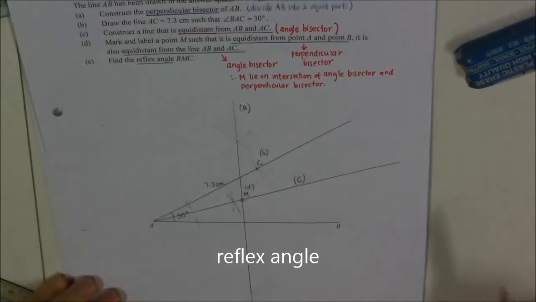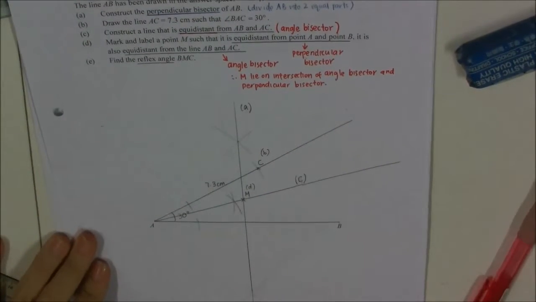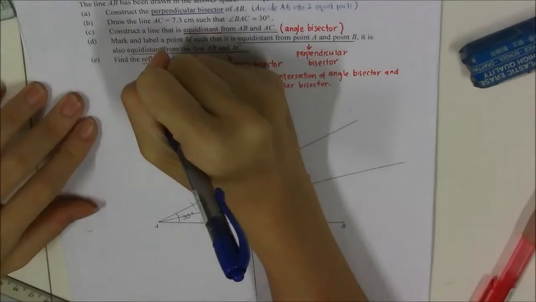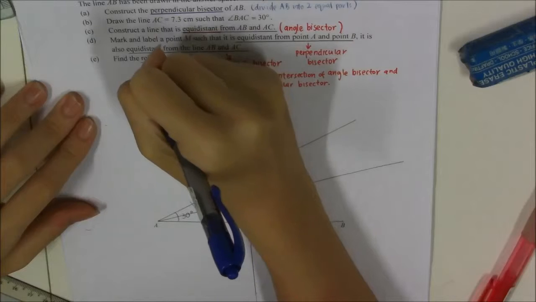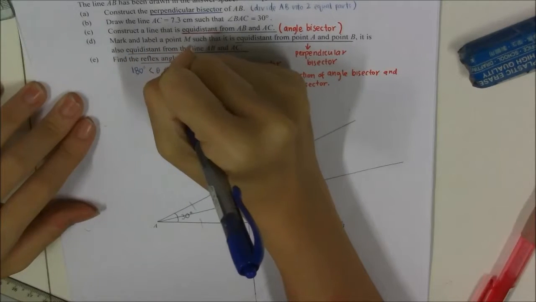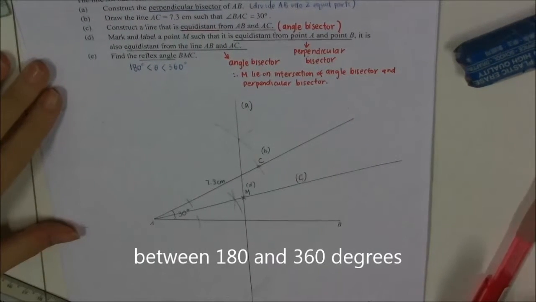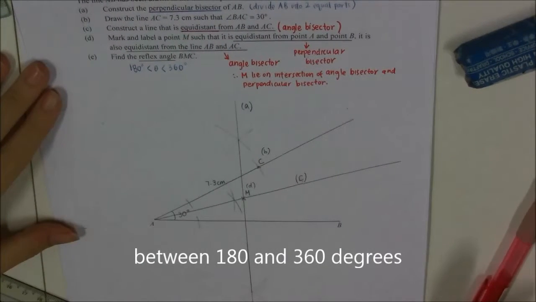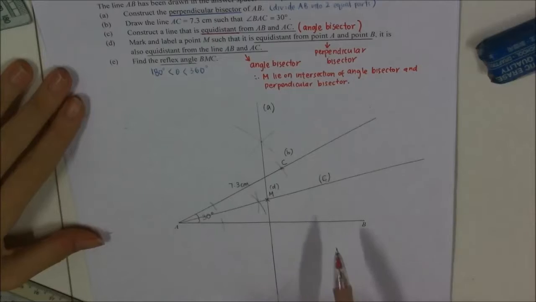Okay, so reflex angle, recall, is an angle between 180 to 360 degrees. So please write this down, reflex angle. In the event that you calculate your angle and you didn't get that value, you know you're on the wrong track. Okay, so let's look at reflex angle BMC.